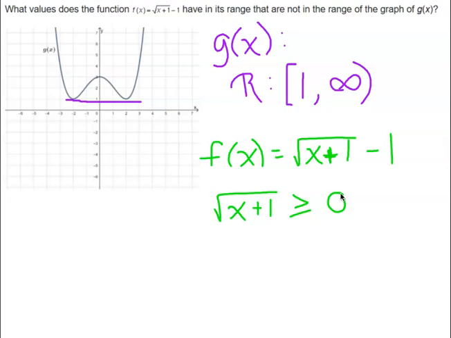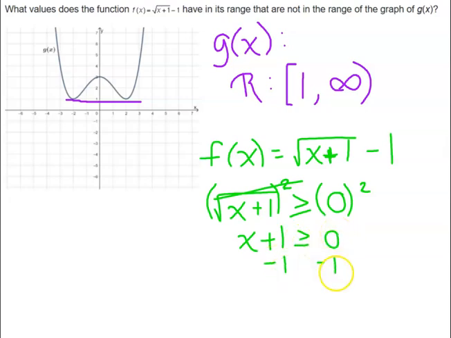First thing I'm going to do algebraically is get rid of the square root, which is to square both sides. The square and square root get rid of each other, leaving you with x plus 1 is greater than or equal to 0. And then I'm going to move 1 to the other side, which tells me that all the x values being used have to be greater than or equal to negative 1.